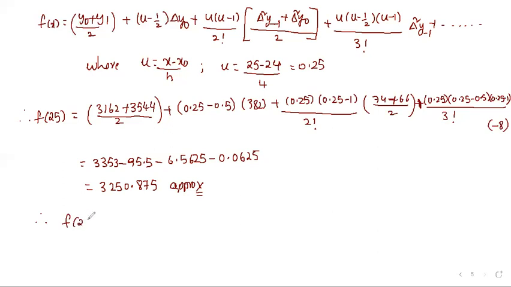Therefore, f of 25 is equal to 3250.875. Hence solved. So this is the procedure. We have to solve any problem by using Bessel's formula. And one more problem by using Bessel's formula.